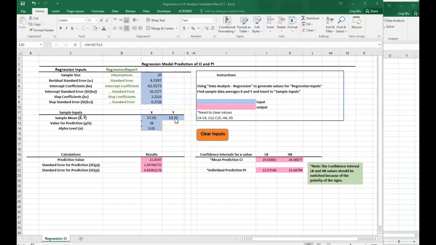So 19.75 is in between these two values.